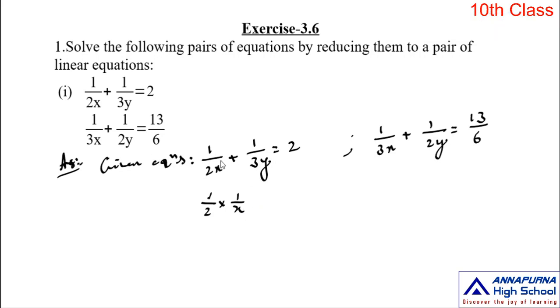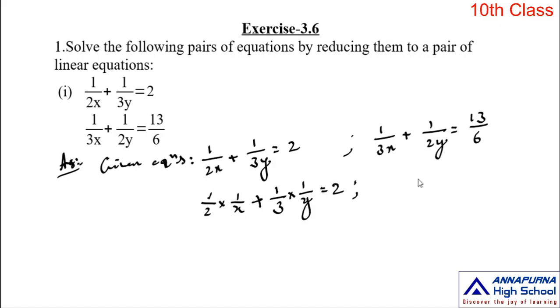So 1 by 2x we can present as 1 by 2 into 1 by x, since 1 into 1 is 1, and 2 into x is 2x. Plus, apply the same work to the second term of the first equation. So 1 by 3y we can present as 1 by 3 into 1 by y, and the constant term you can write as it is.